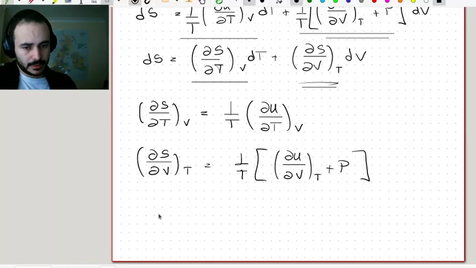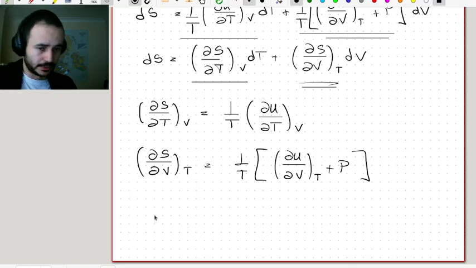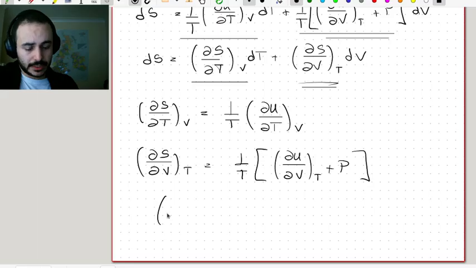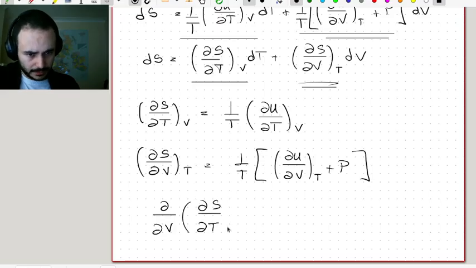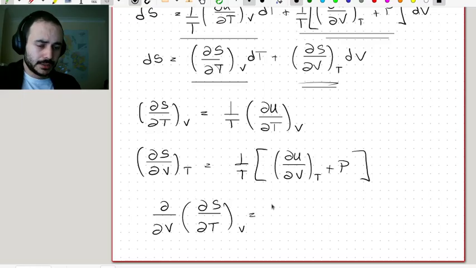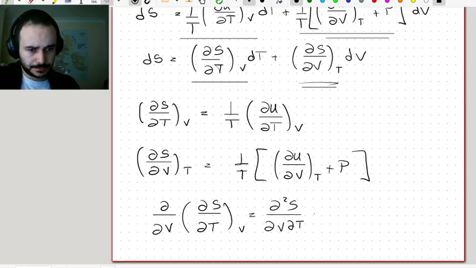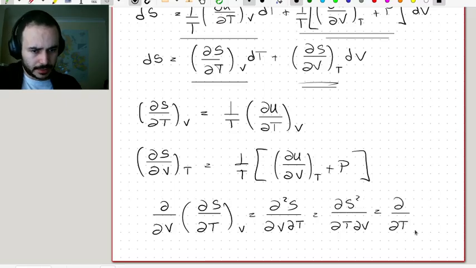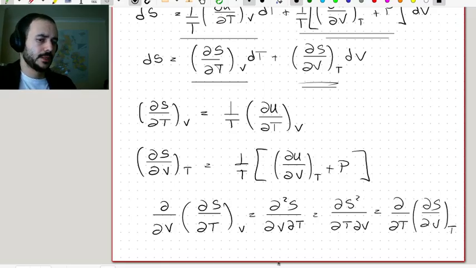Remember that whenever you have a function with continuous derivatives, you can use Schwarz's theorem for the mixed partial derivatives, which says that the partial derivative with respect to volume of the derivative of entropy with respect to temperature is the second derivative of entropy with respect to V and T, and this is equal to the partial derivative with respect to T of the derivative of entropy with respect to V. Okay, so this is the trick.